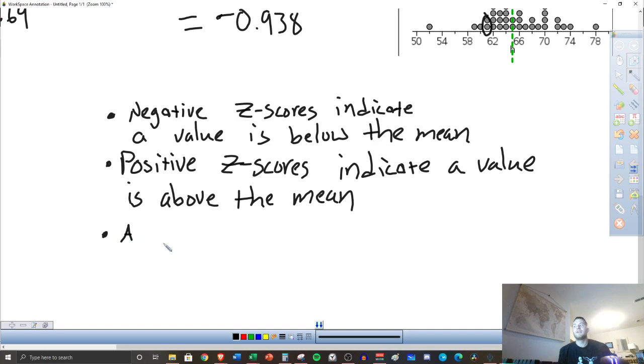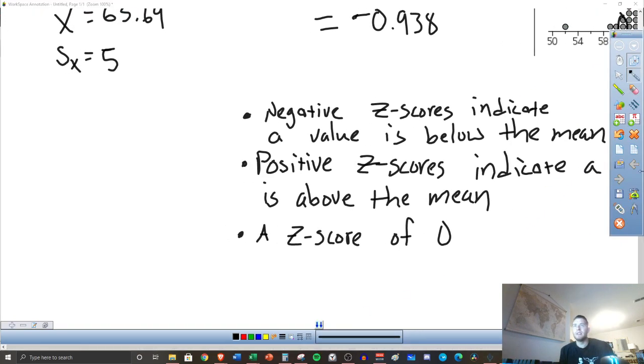A z-score of 0, what does that mean? And it's totally possible. What is a z-score of 0? Well, that means that it's exactly on that green line. Is that possible in this case? No, because we didn't have any heights that are exactly 65.69. So that won't happen in our example, but it could happen.